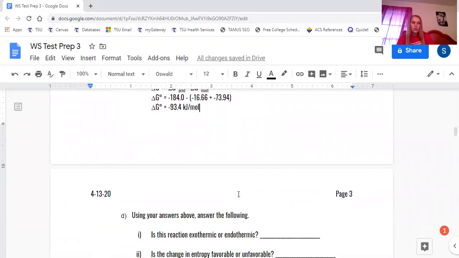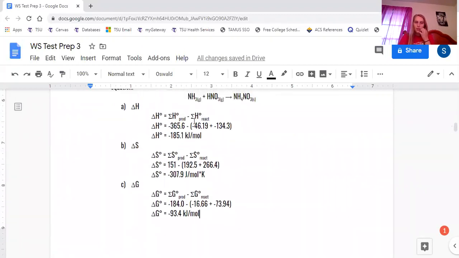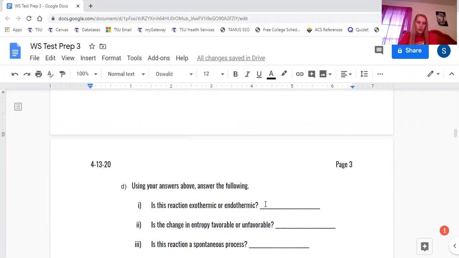Exo, perfect, because our delta H is negative, meaning it's releasing heat, making it exothermic. So it's going to be exothermic.